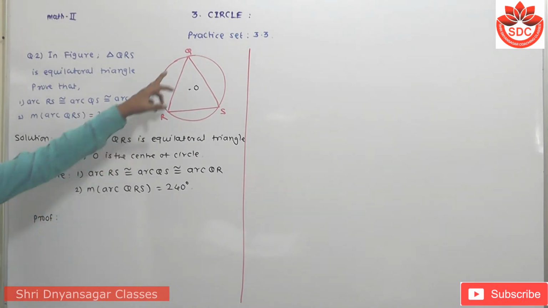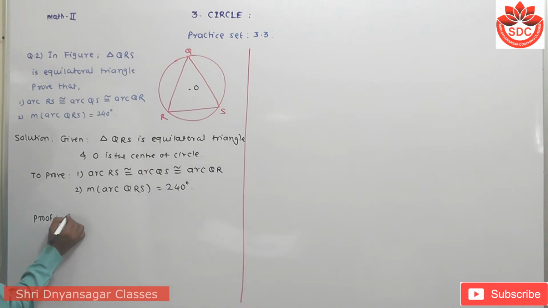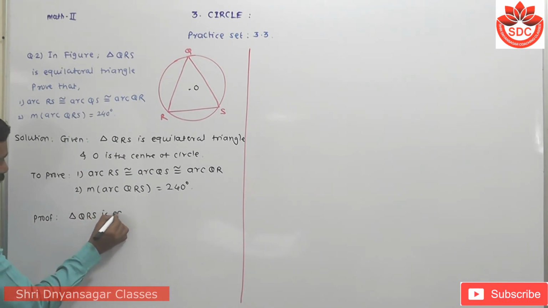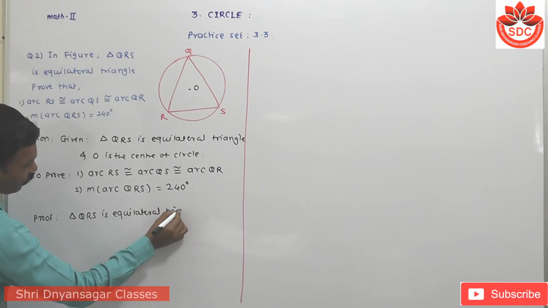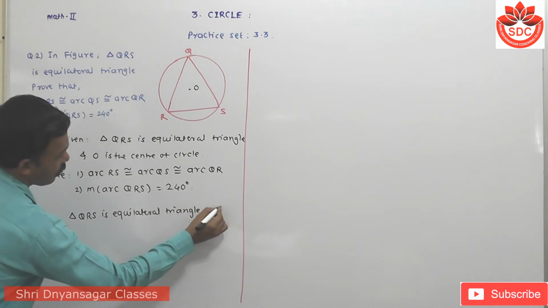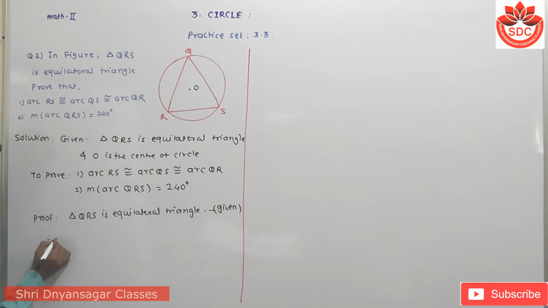For this, its proof is, look here, in this circle, this triangle QRS is an equilateral triangle. So first I write: triangle QRS is an equilateral triangle. This is given. All of you know that, therefore, all sides are congruent here.